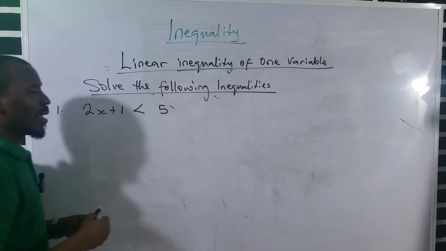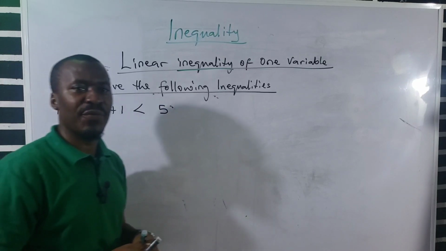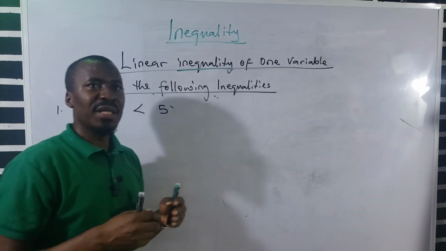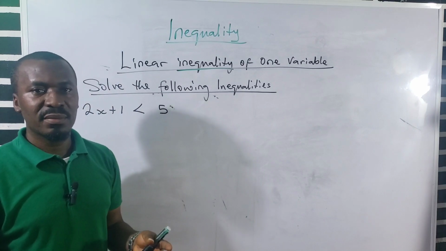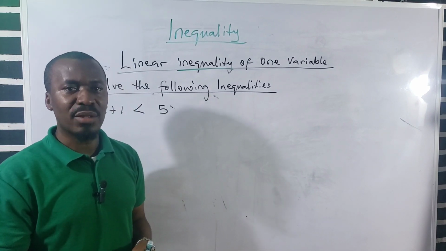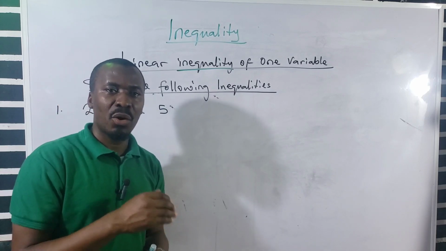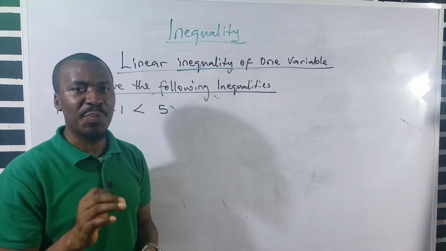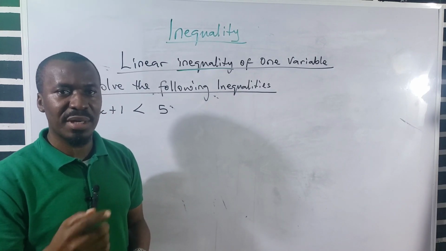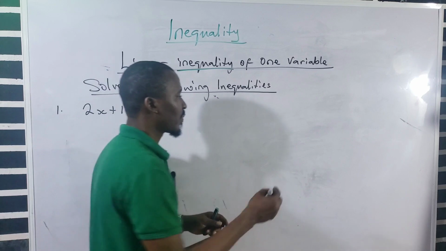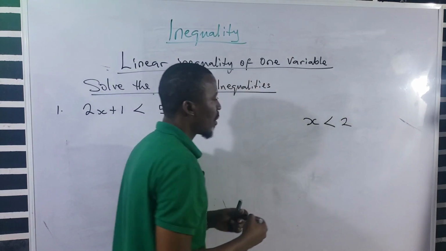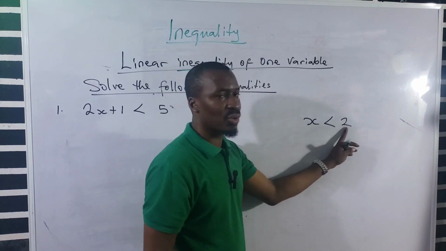Meanwhile, some people are always confused about which one is less than and which one is greater than. It is not about where it's facing, because a sign that is less than can also be read as greater than, depending on where you are reading from. Let me show you an example. If I have x less than 2, we say that x is less than 2.